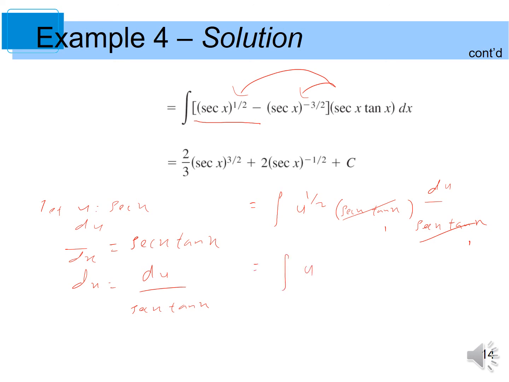We can simplify this secant x and tangent x. So lastly, we just need to integrate the u power to the half with respect to u using the power rule, and we have u power to the 3 over 2 over 3 over 2. And we can simplify so that we have 2 over 3 and the u is secant x.